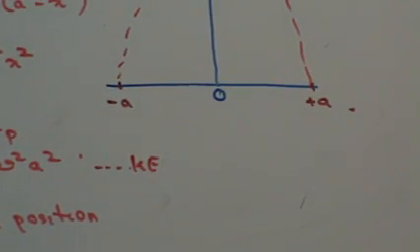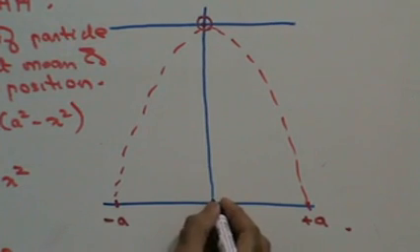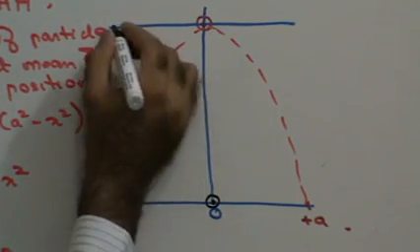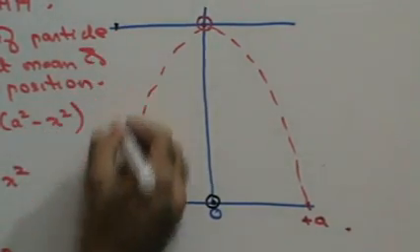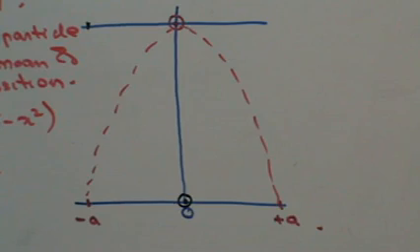Next, let's draw the graph of potential energy. I'll show potential energy with the help of black color. Now, in mean position, we had seen that potential energy is 0, and at extreme positions, potential energy is half m omega square x square. That means at extreme position it is going to be maximum.